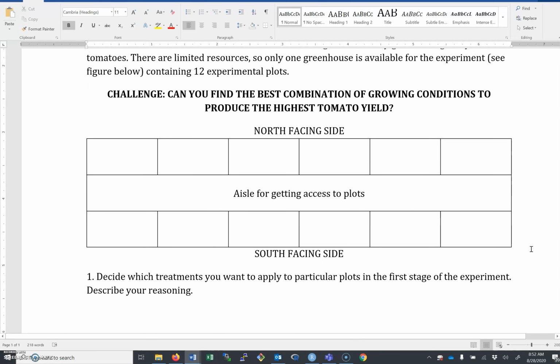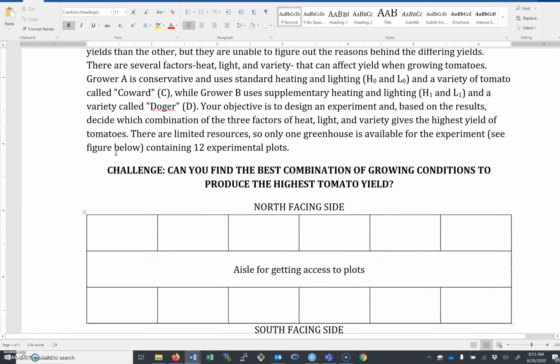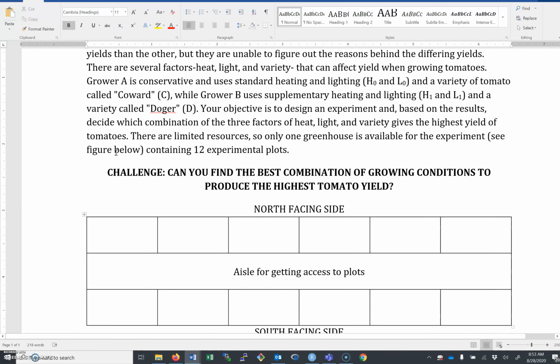In class, what I would do is I would actually print this out, because students would get in groups and they'd sketch out, okay, let's put the Coward at low light and high heat here.